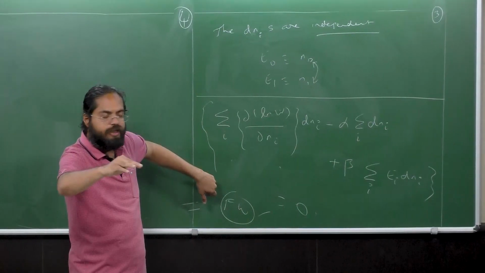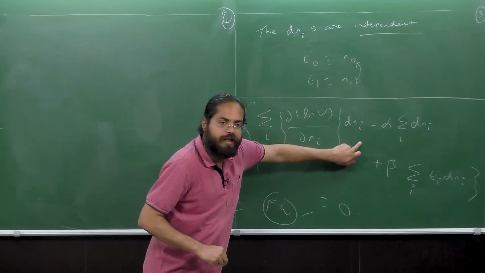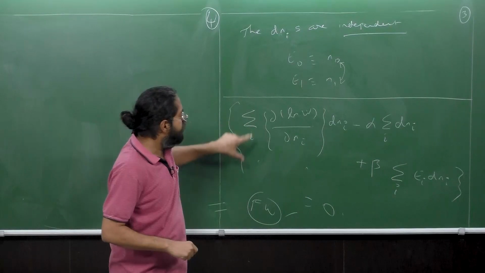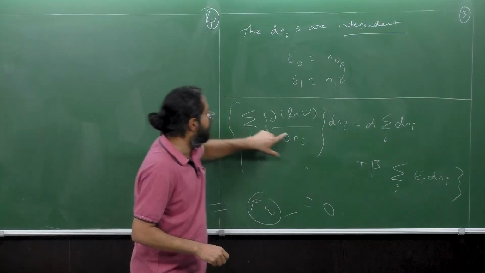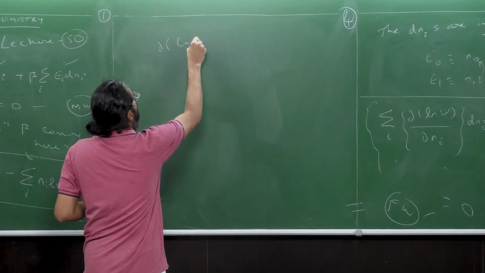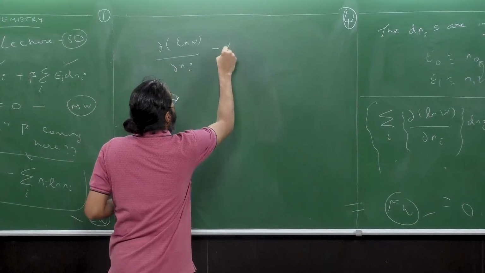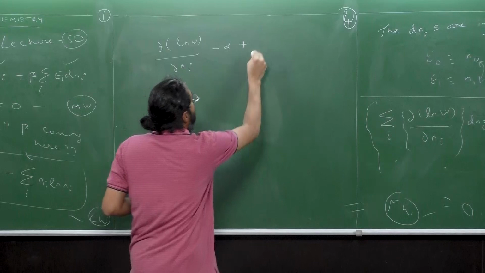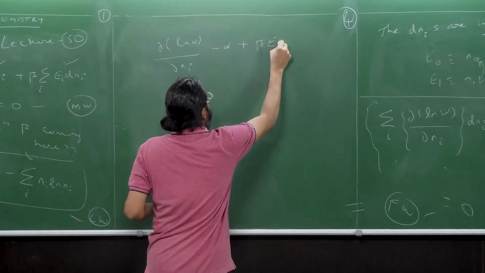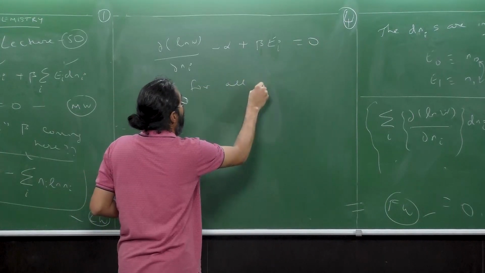Instead, what I see is that because my dNi's cannot be 0, the terms within the sigma, this particular thing, my dou ln W by dou Ni minus alpha plus beta Ei, should be 0 for all i.